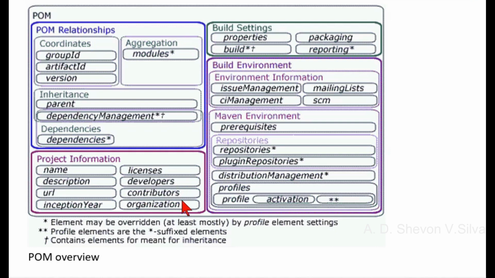Contributors are like developers yet play an auxiliary role in a project's lifecycle. Perhaps the contributor sent in a bug fix or added some important information. A healthy open source project will like to have more contributors than developers.